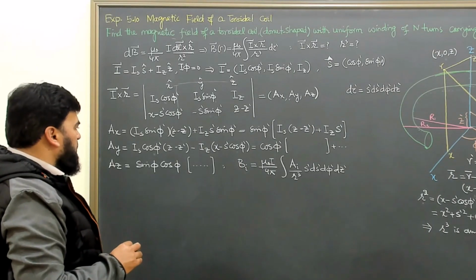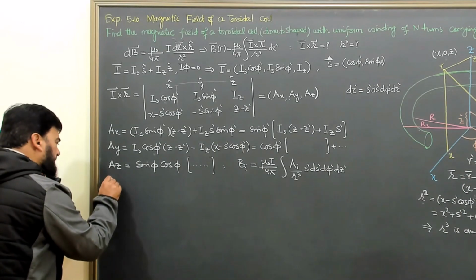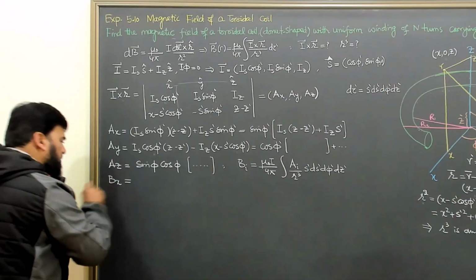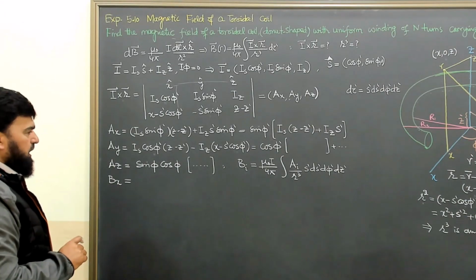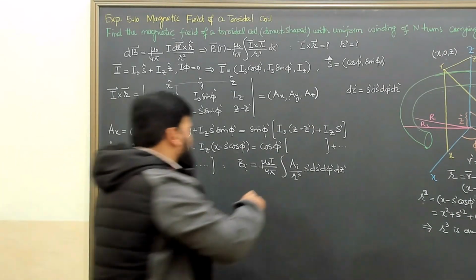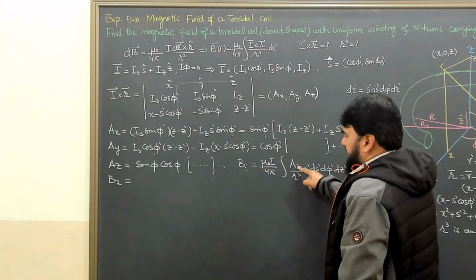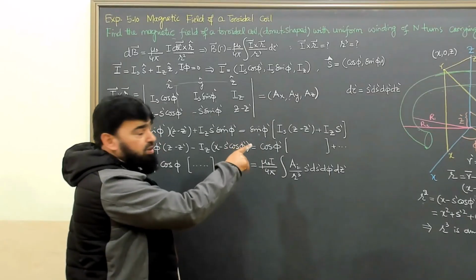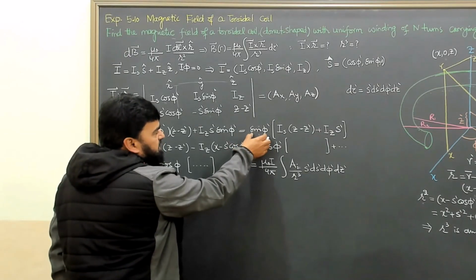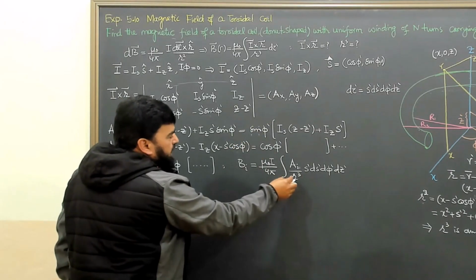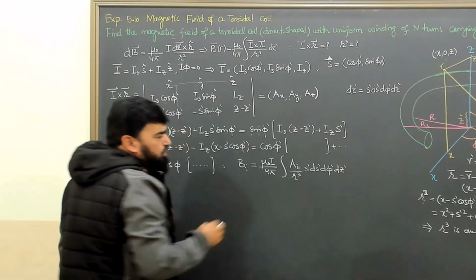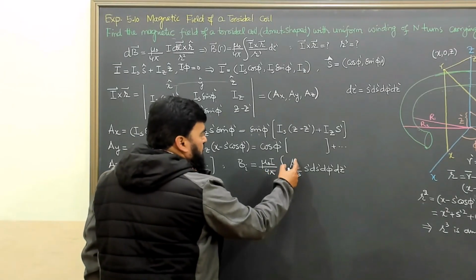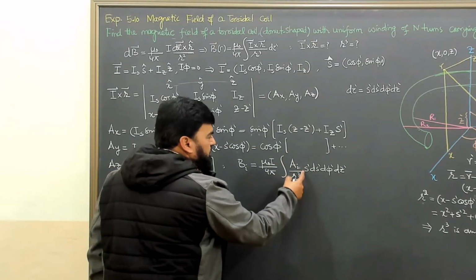Now first look at the Bx component. What will be the Bx component? Here it will come out to be Ax, and Ax here is depending on sine phi. Sine phi is an odd function, while R cube we determined is an even function. So here is the issue of odd and even function.